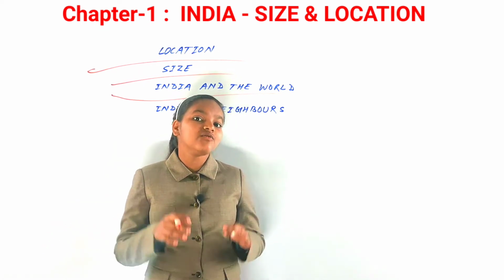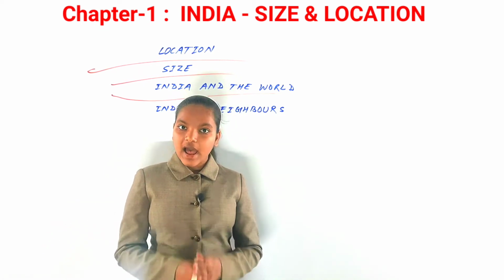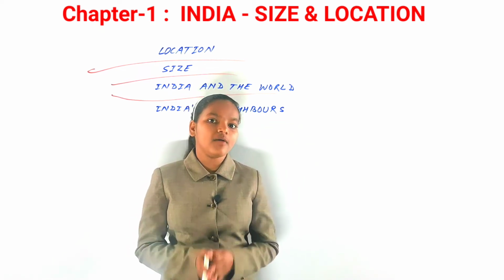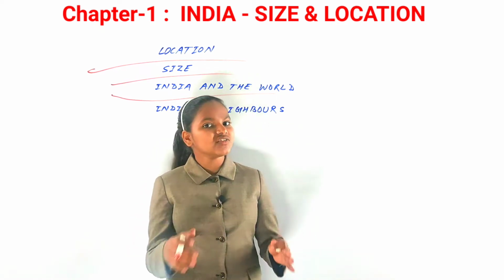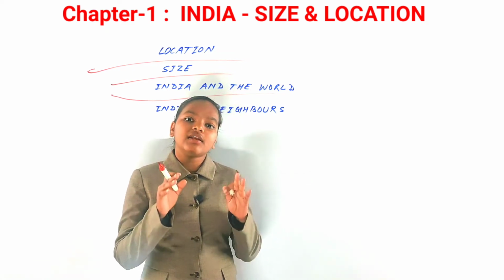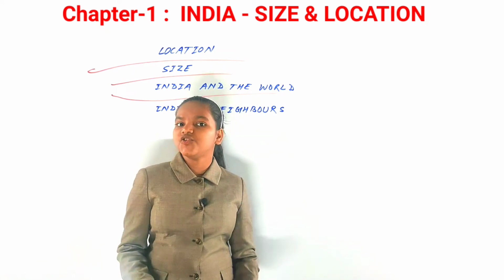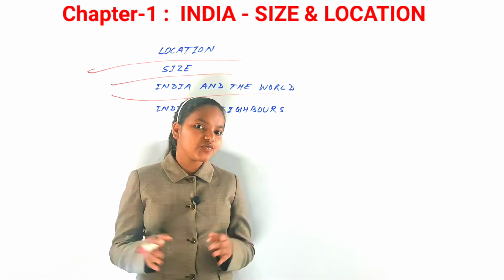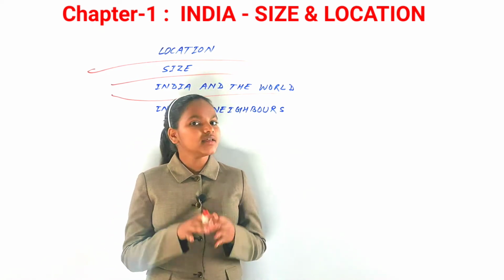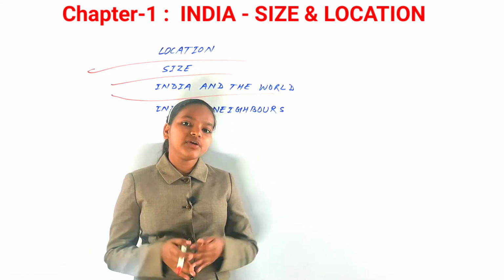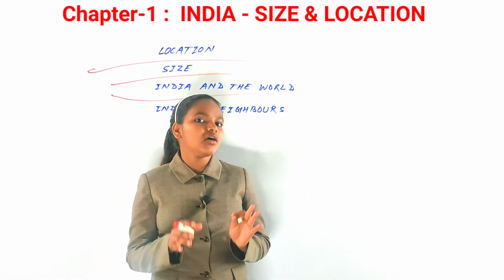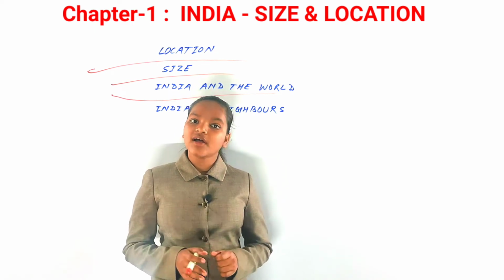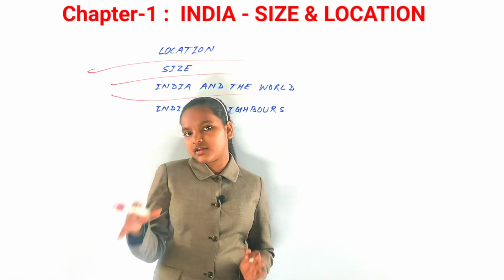And the Deccan Peninsula is an area that is covered on 3 sides by water. The Deccan Peninsula, the southern part of our country, is surrounded by the Indian Ocean. And because our country has the largest coastline on the Indian Ocean, this ocean was named the Indian Ocean.